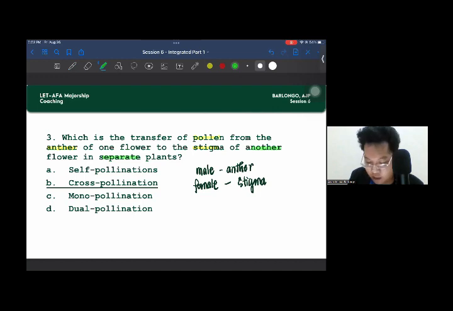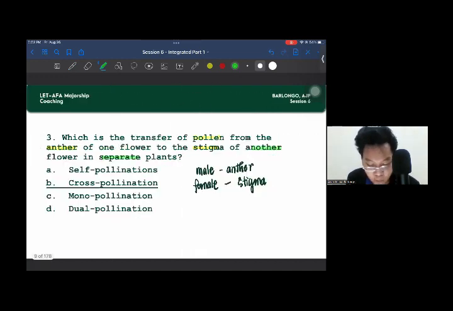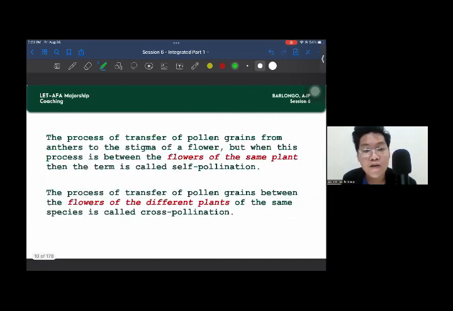Okay, so let's have this definition of each term. Actually, yung monopollination and dual pollination are just, I think they do not exist. Those are just other terms, but what we really call these pollination are self-pollination tsaka cross-pollination. So first, let's talk about self-pollination.